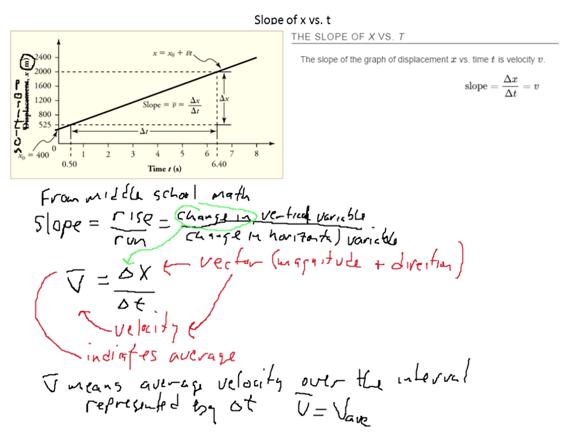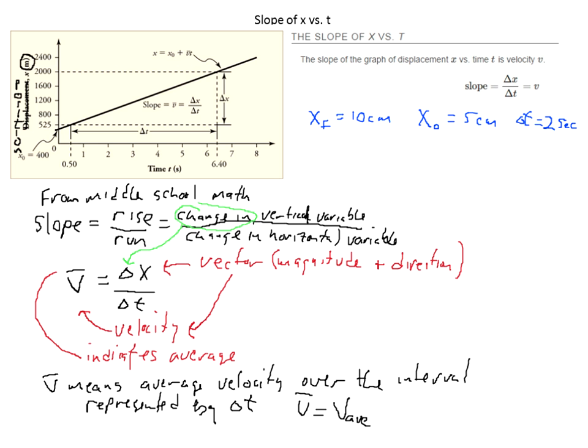If we have x final equals 10 centimeters, x initial or x naught equals 5 centimeters, and delta t equals 2 seconds.